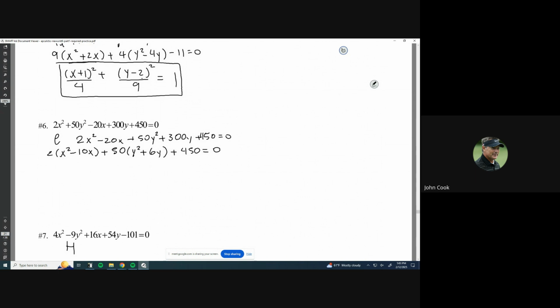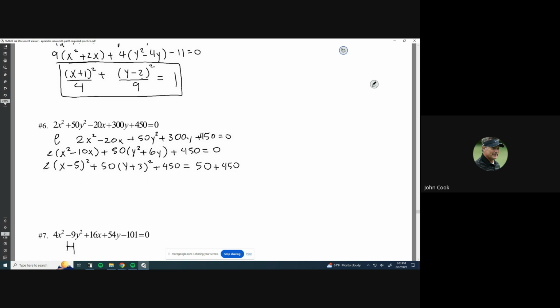And then let's see here, complete the square, so 2, and then that'll be x minus 5 squared plus 50, and then it'll be y plus 3 squared plus 450 equals, and then let's see, 5 squared is 25, 25 times 2 is 50. And then let's see, 3 squared is 9, 9 times 50 is 450, yeah, 450.